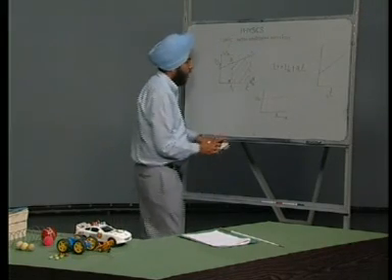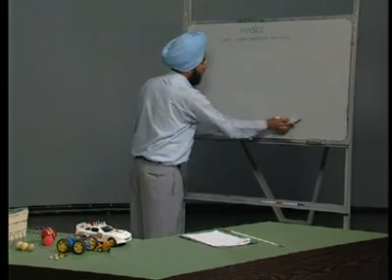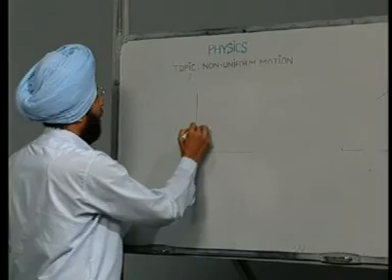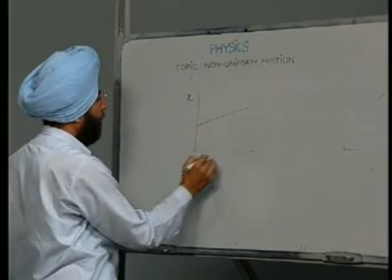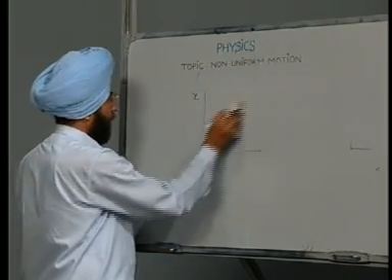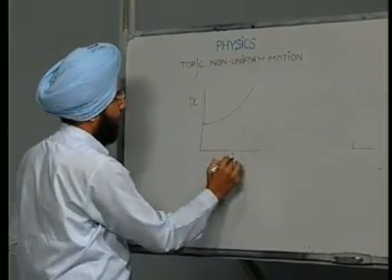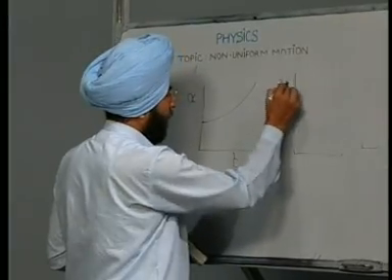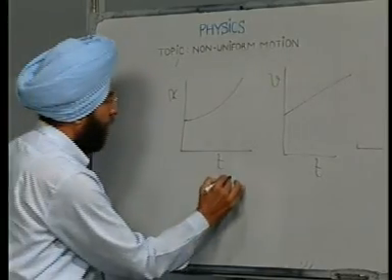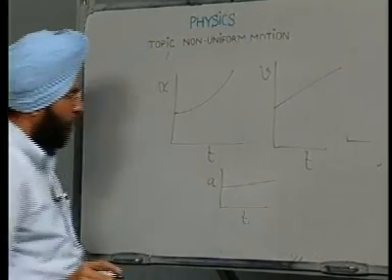In general, we can show that the x t graph is a parabolic graph, the V t graph is a straight line graph, and the acceleration time graph is a graph parallel to the time axis.